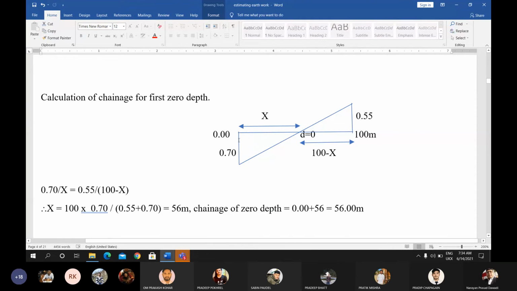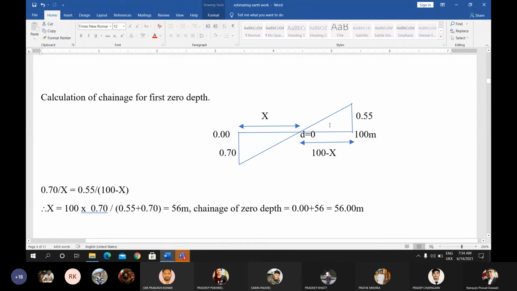Draw the vertical line downwards as cutting depth of 0.7, and again draw another vertical line from the end of this straight line and draw the depth of 0.55 meter here. And join these 2 points by a straight line.